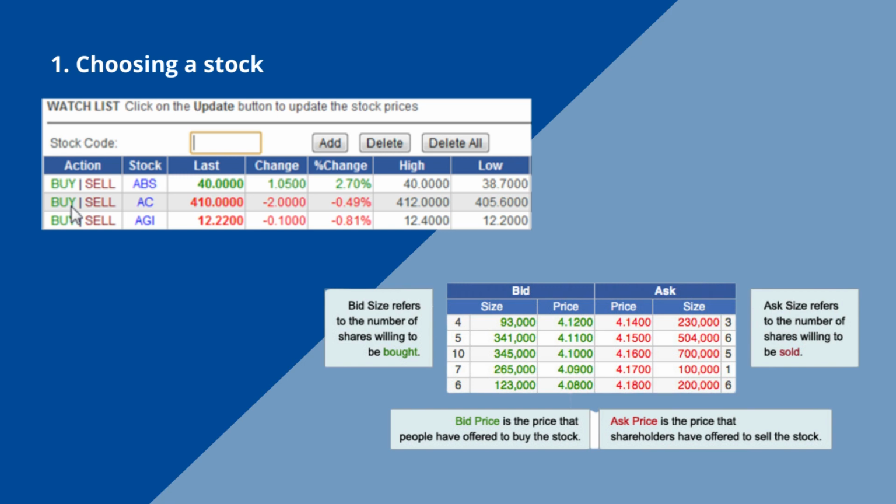Usually a company's shares or stocks are identified by a stock code. So for example, here we have ABS.